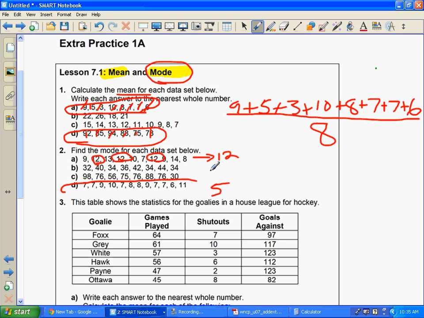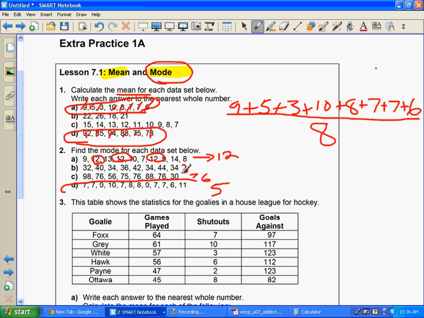Sometimes you might end up with more than one mode. You could end up with the mode being 2 numbers. Check this one out here. 76 shows up 3 times, and that is the most, so the mode is 76. And in this one, 32 shows up once, 40 shows up once, 34 shows up 2 times, and that is it.